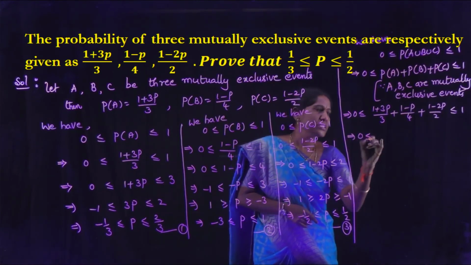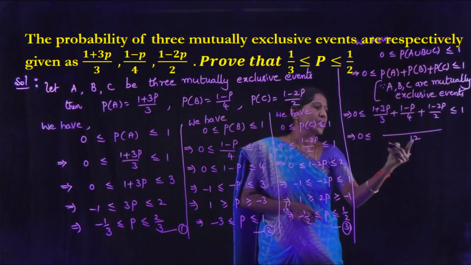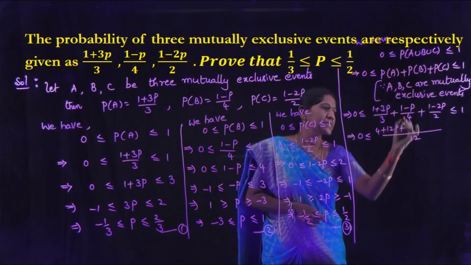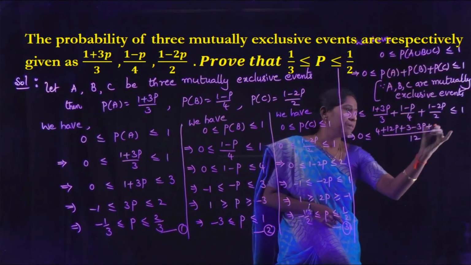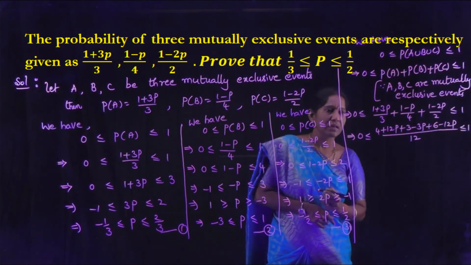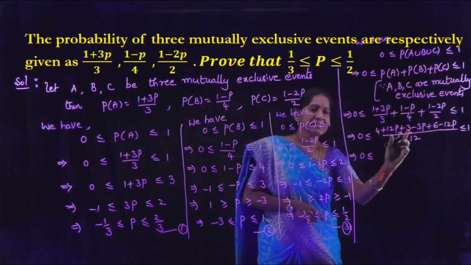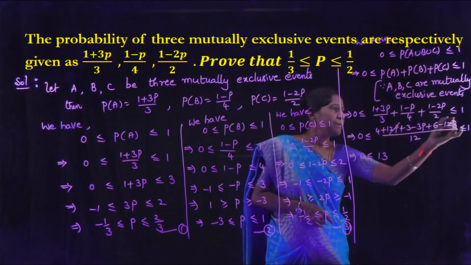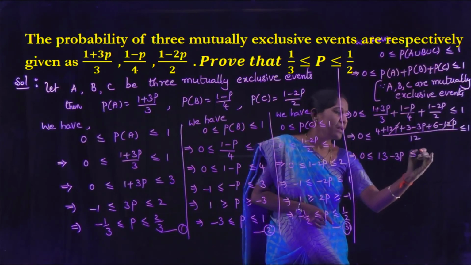That implies 0 less than or equal to, taking LCM 12, then 12 is there, 4 times will come, 4 plus 12p plus 3 minus 3p plus 6 minus 12p less than or equal to 12. That implies 0 less than or equal to 4 plus 3 is 7, 7 plus 6 is 13. 12p minus 12p get cancelled. Remaining minus 3p less than or equal to 12.